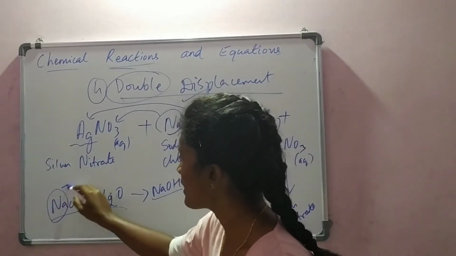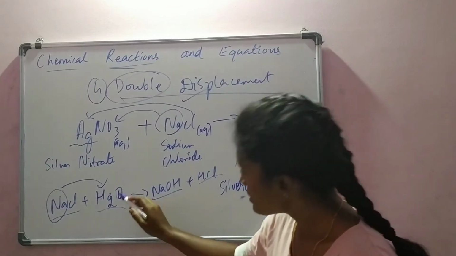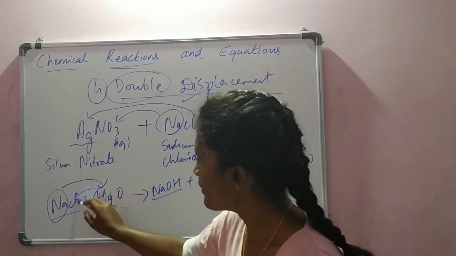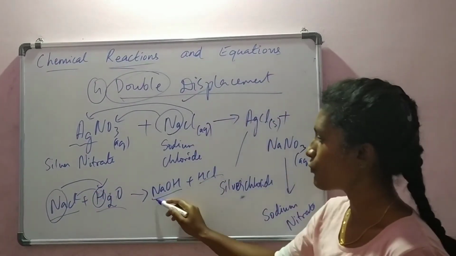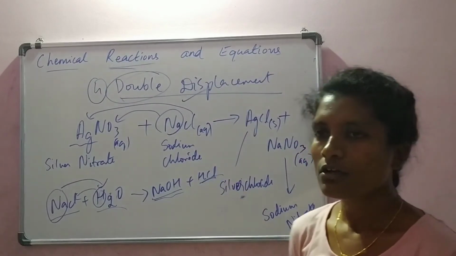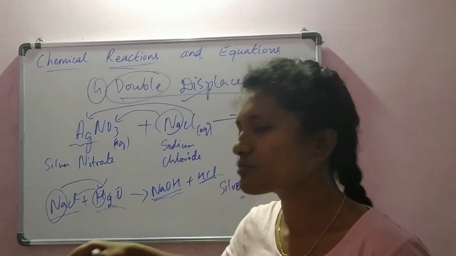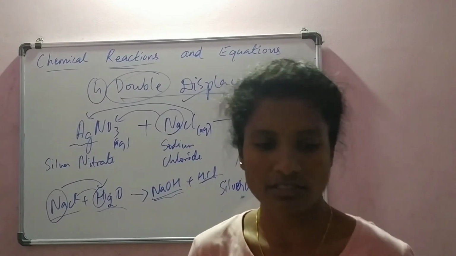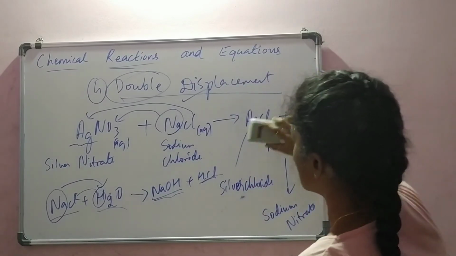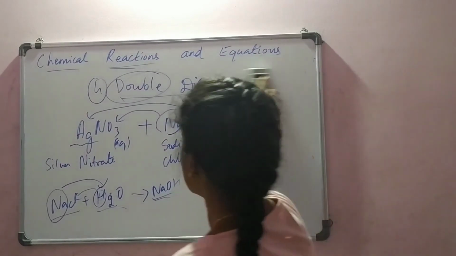Okay, so Na combined with the OH ion. Similarly, H combined with the chlorine ion to form sodium hydroxide and hydrochloric acid. All these things we will study in the next chapter, acids, bases and salts. Okay. So this is an example. We have one activity here.